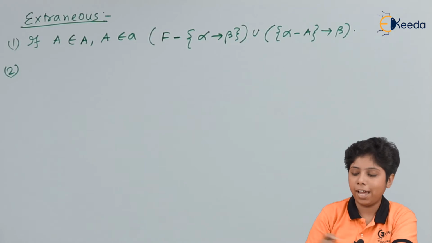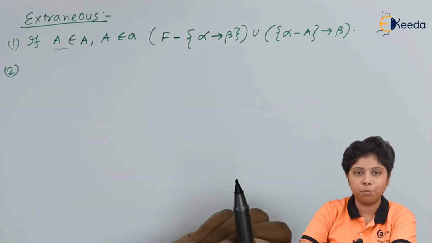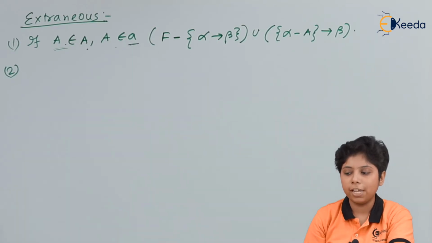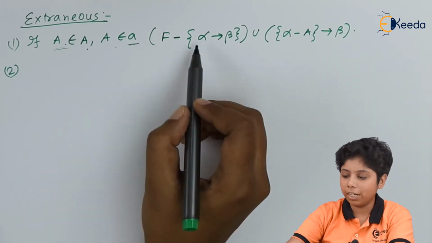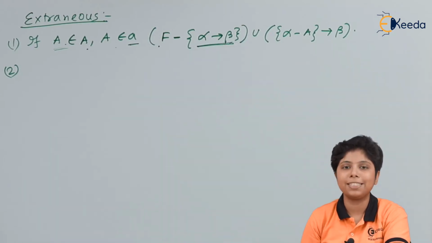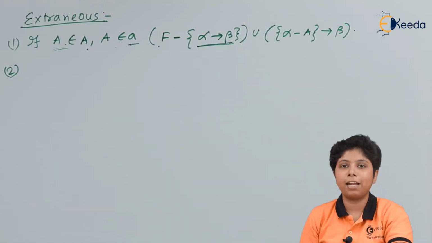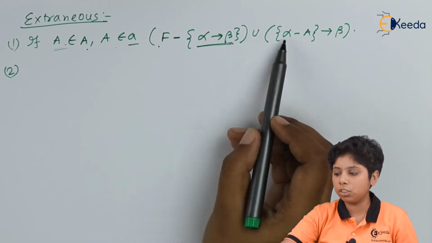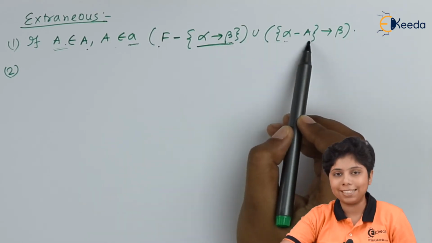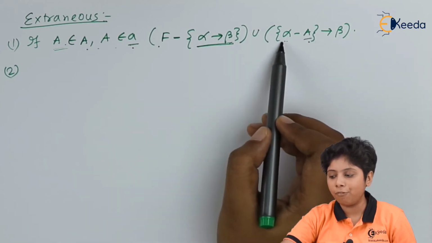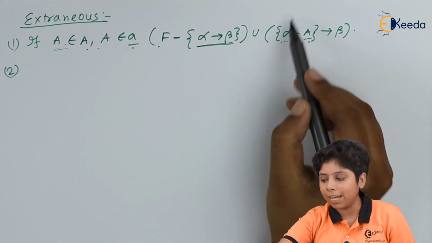First, A is an extraneous attribute if A belongs to alpha, in such a way that F minus the functional dependency alpha defines beta, that means we do not have alpha defines beta in the relation F, joined with alpha minus A defines beta.